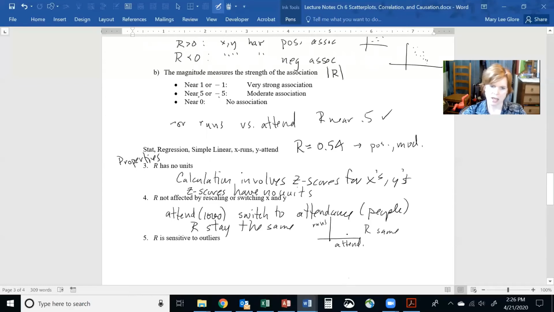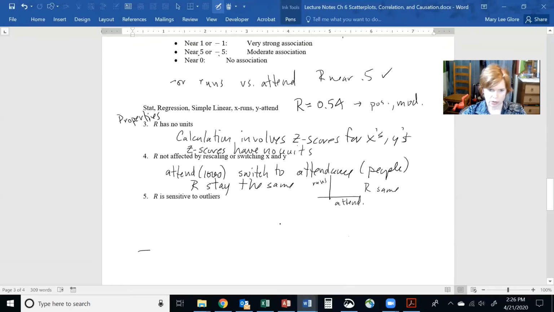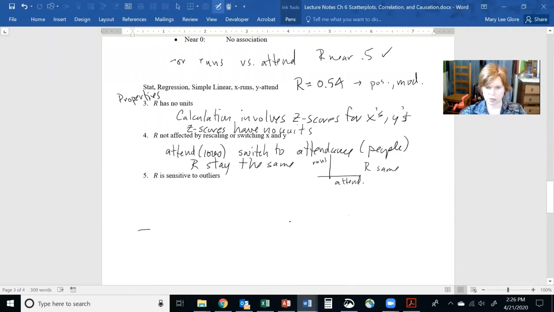All right. Another quality of R is that it is sensitive to outliers. Now we talked about a few things that are sensitive to outliers. If we're looking at one variable at a time, then the mean, that we said y bar, and s, the sample mean and the sample standard deviation, are also sensitive to outliers.